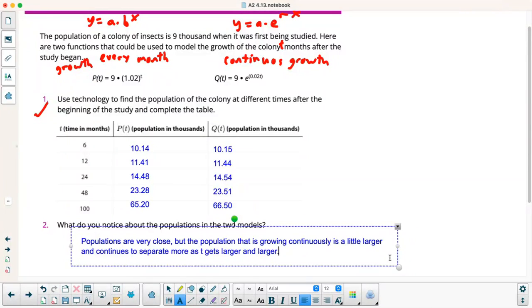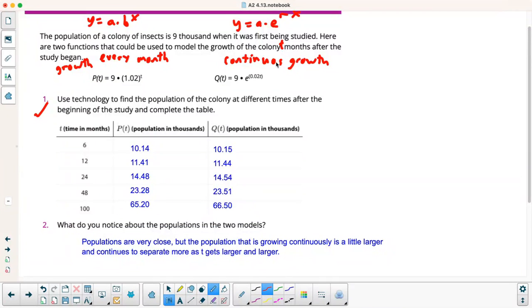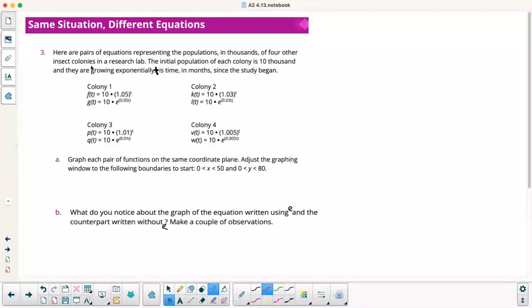Okay. Oh shoot, I spelled continuous wrong. Continuous growth.